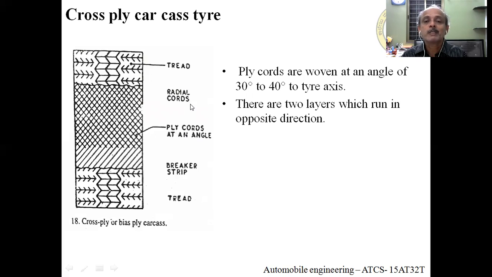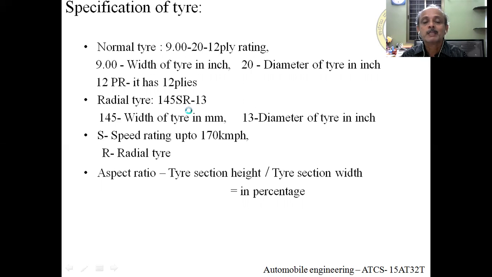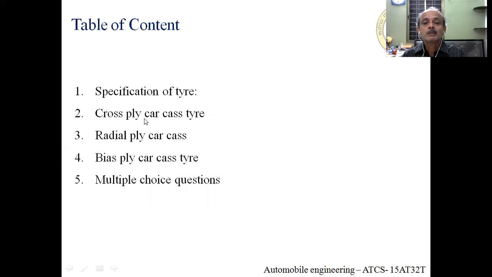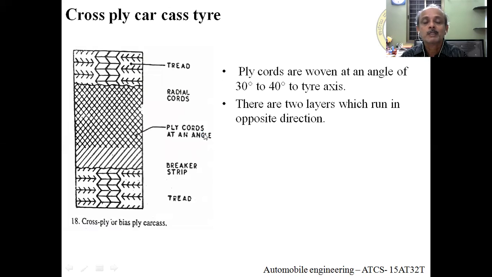Next we'll go further in the content we have seen earlier: the cross ply tire and the radial ply tire. First we are studying the cross ply carcass tire. Different tires we have seen in automobiles. Here we can see the diagram of the cross ply tire.